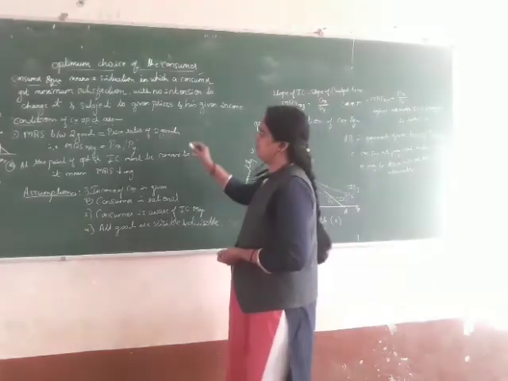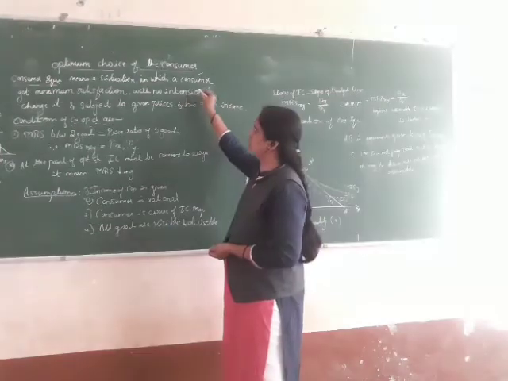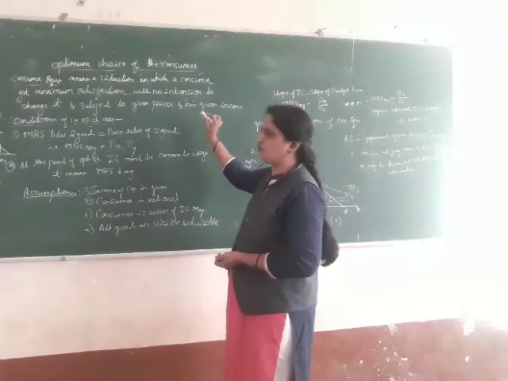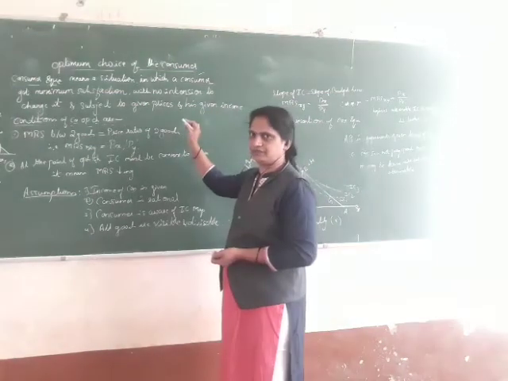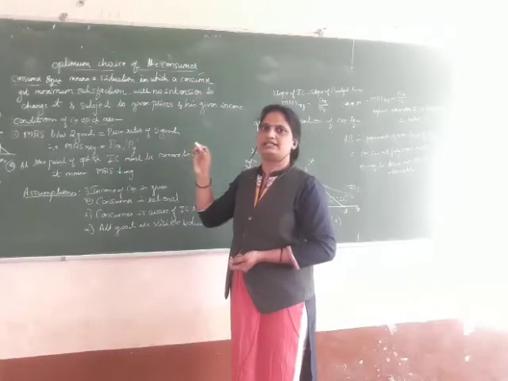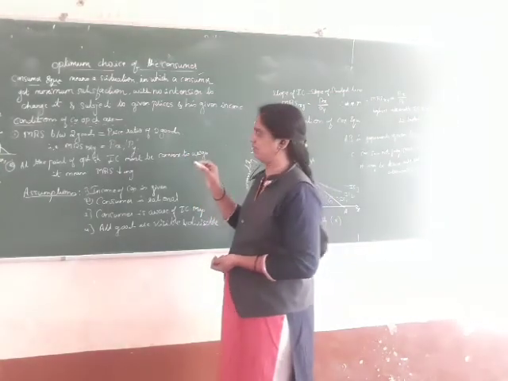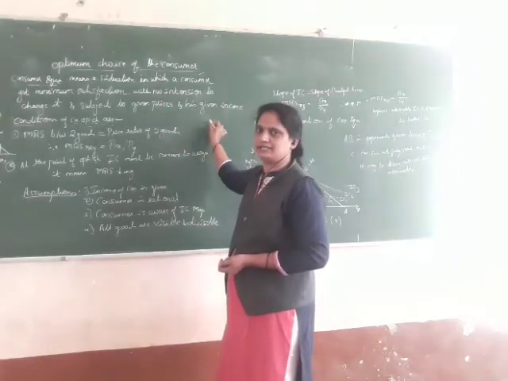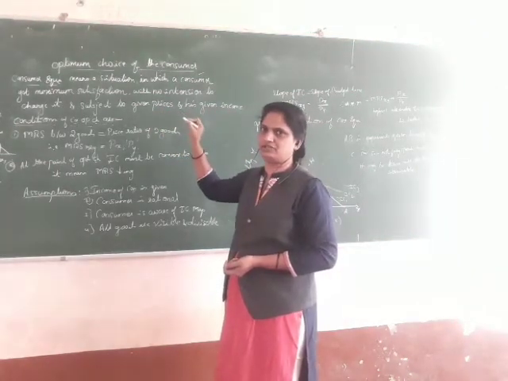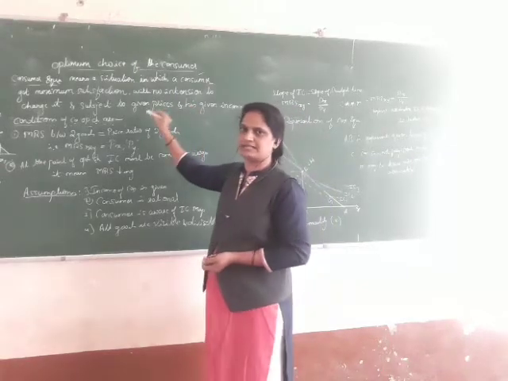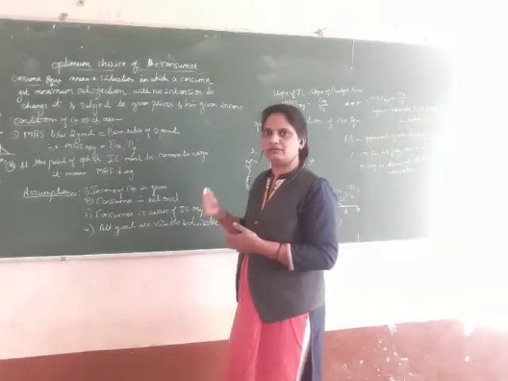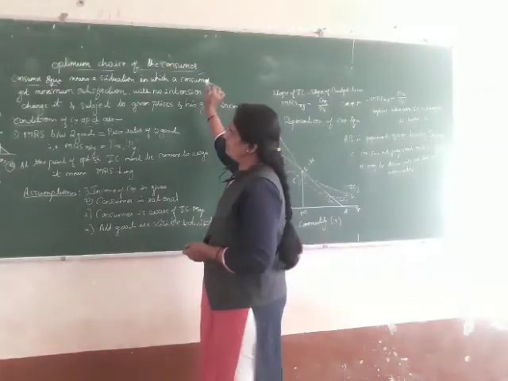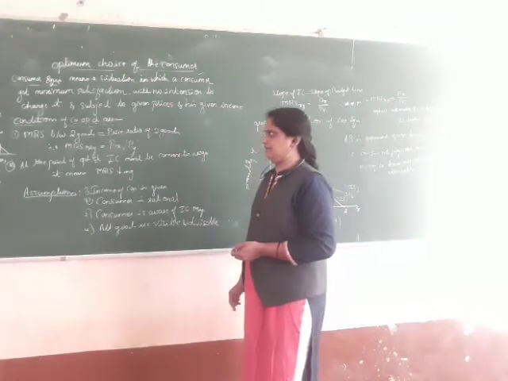Consumer's equilibrium means it is a situation in which a consumer gets maximum satisfaction with no intention to change it, subjected to the given prices as well as his income. How he makes the equilibrium with the given income and prices, that is what we are going to study in consumer's equilibrium.